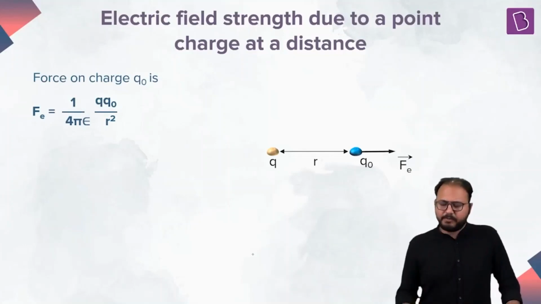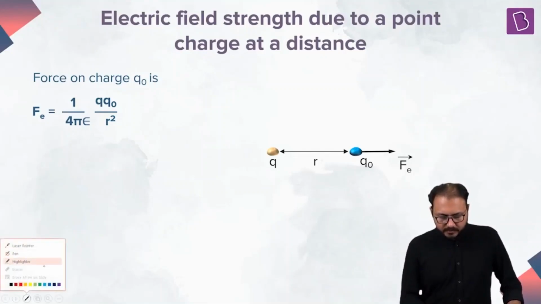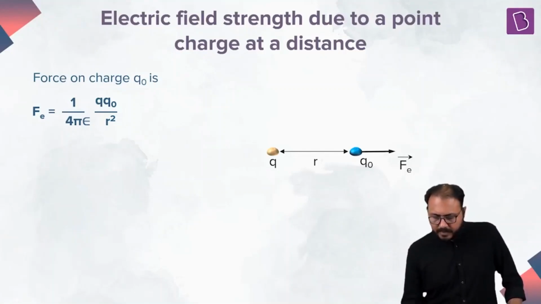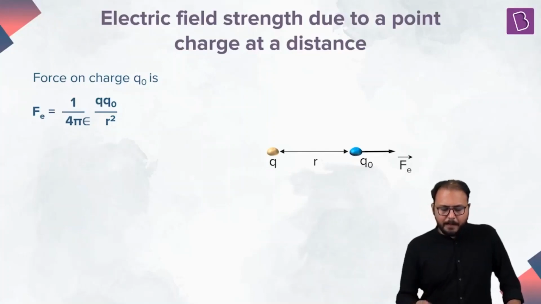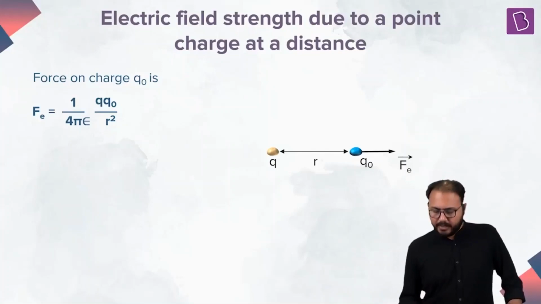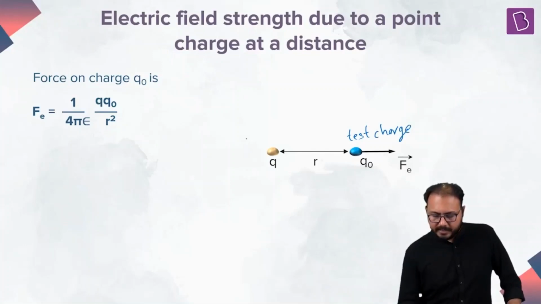What is the expression of the force on this test charge Q naught? It is Fe equals 1 upon 4 pi epsilon Q Q naught by R square. Don't forget, this is your test charge and this is your source charge.